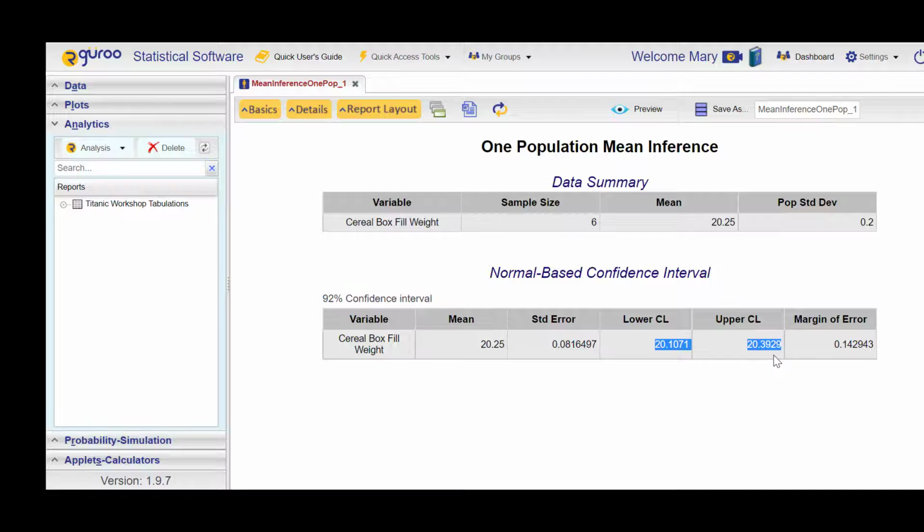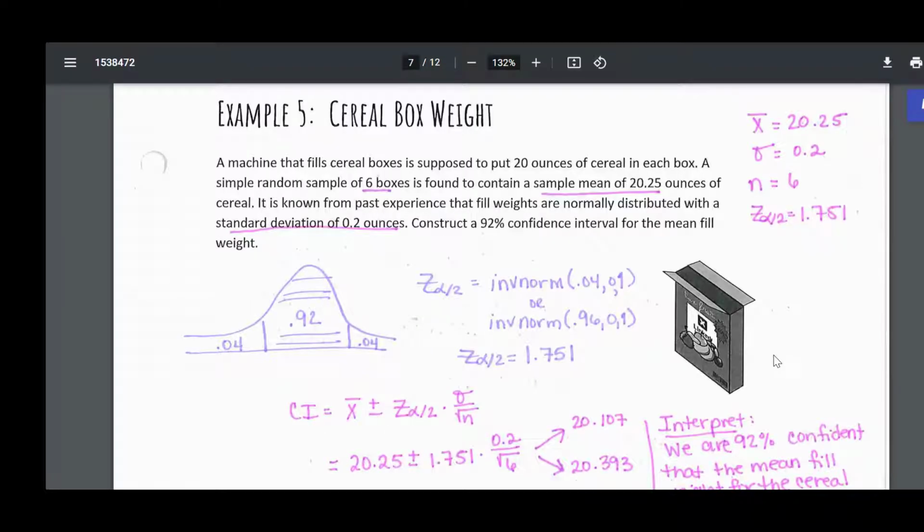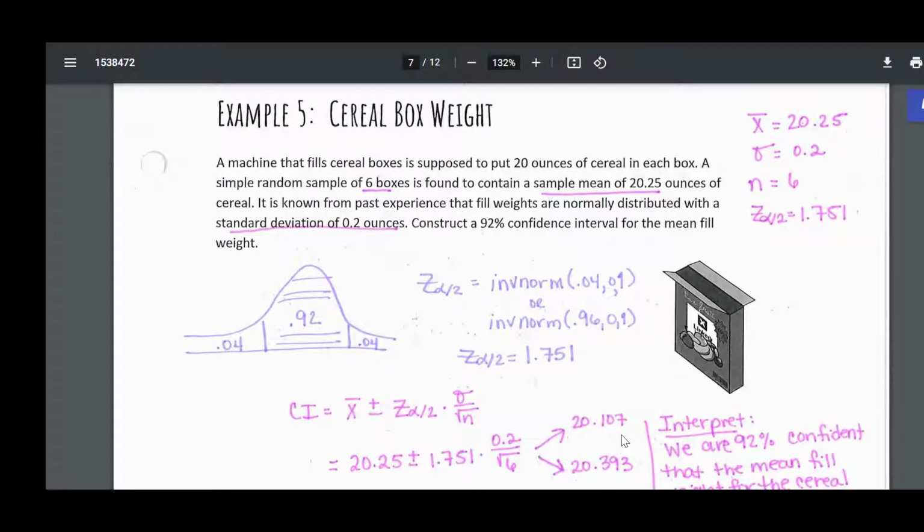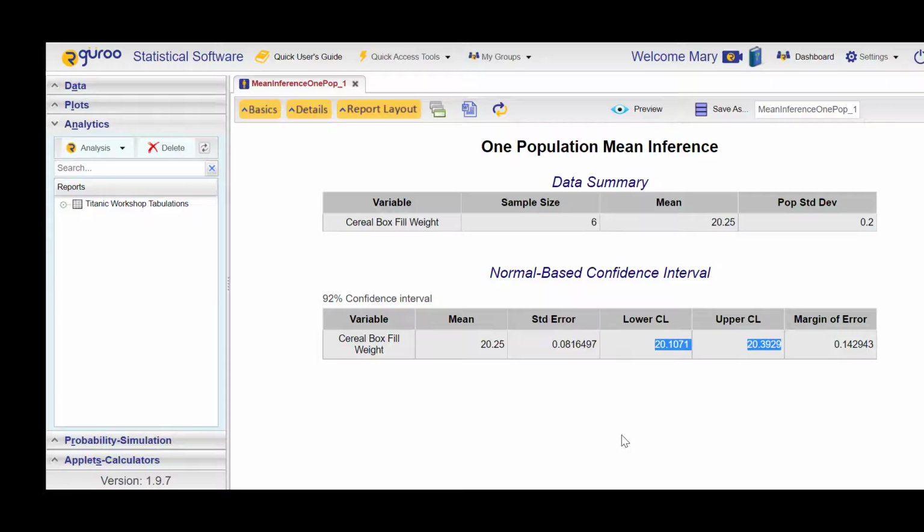So if we go back to our notes, you can see we originally got 20.107 for the lower, and 20.393 for the upper, and that's exactly what we got here. If we were to round 20.3929, that would round to 20.393. So same exact things, just another type of technology to help us with that.